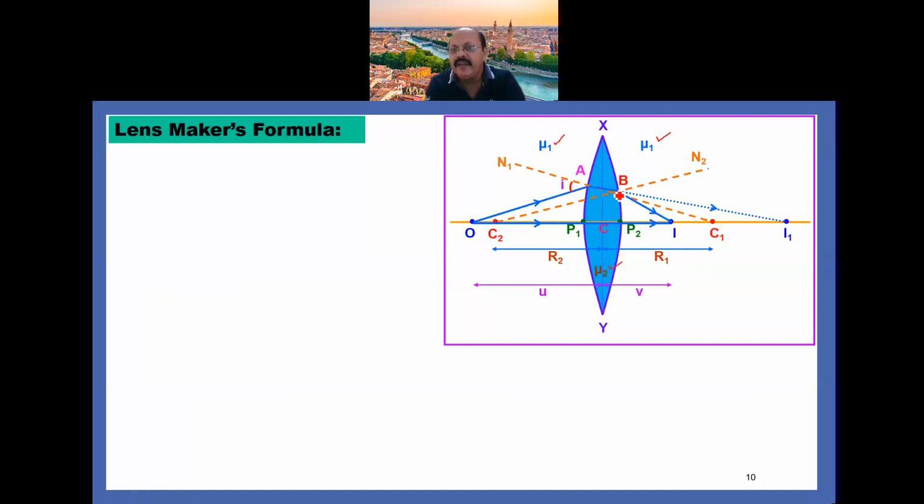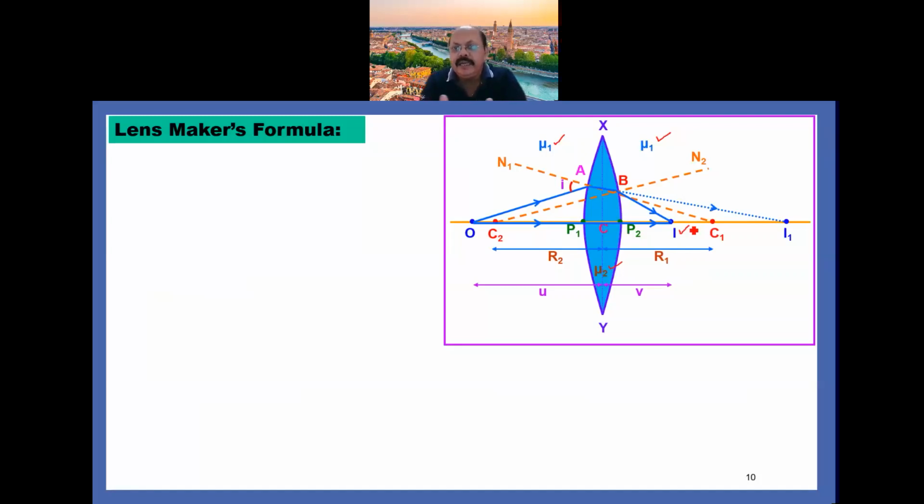So when refraction is from denser to rarer, the refracted ray moves away from the normal, and the normal is N2BC2. Earlier the normal was N1AC1. So when the ray incident along AB is refracted from denser to rarer medium, then the ray gets refracted further along BI and meets the first refracted ray at point I. Then I is the final real image of the point object O.